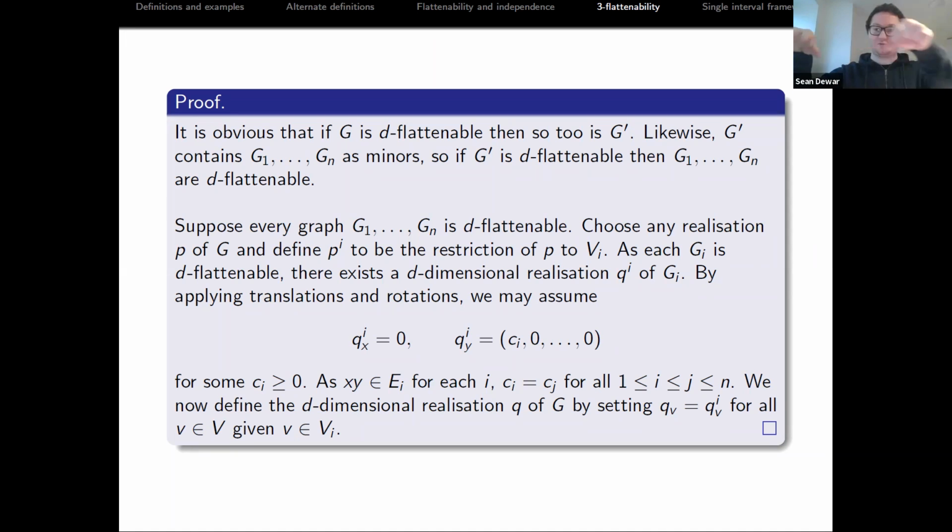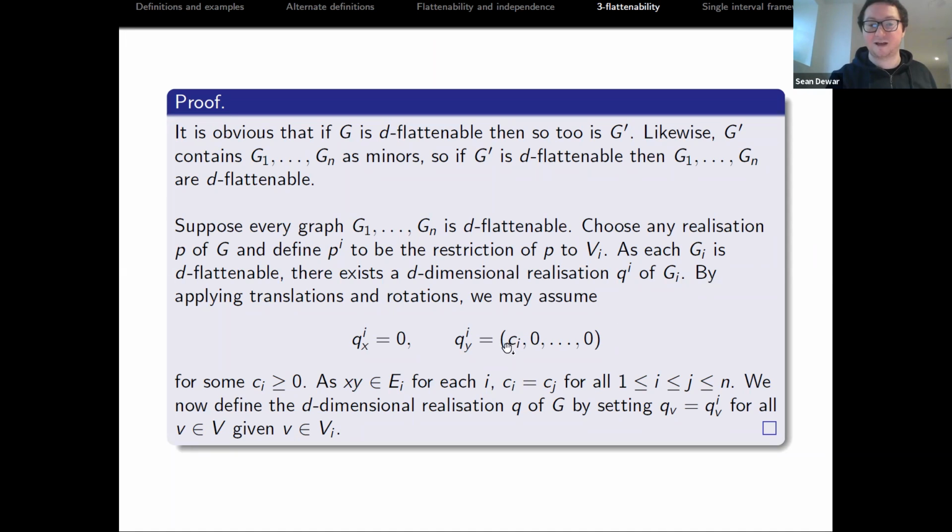We've just translated it, put one vertex here, and then rotated it around until it touches the x-axis. But we already know that the distance from Qi x to Qi y has to be the same for every i, because they all came from this placement P. And P has a set length, so that means all the Pi have the same length between the 2 vertices.